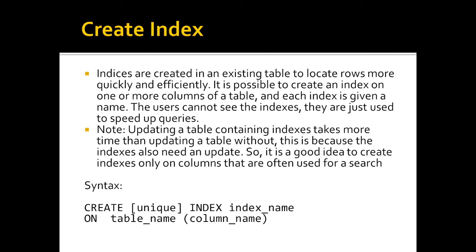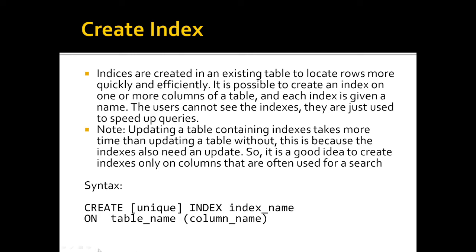They are just used to speed up queries. Updating a table containing an index takes more time than updating a table without, because the indices also need an update. So it is a good idea to create indices only on columns that are often used for search.